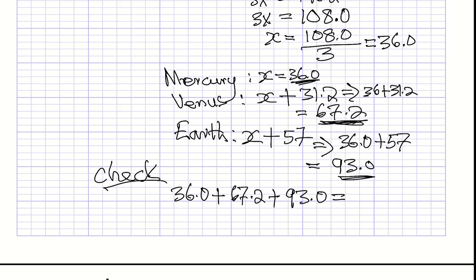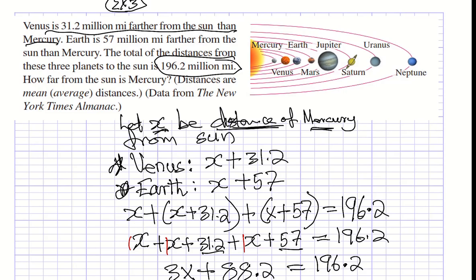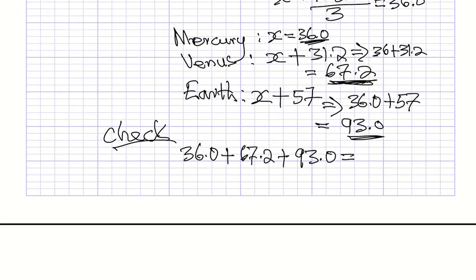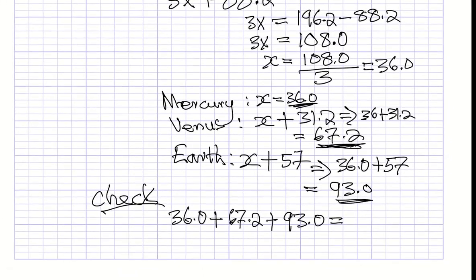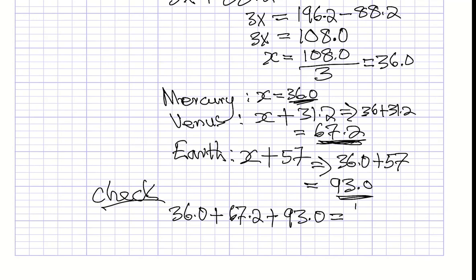Do they equal 196? Because we were given 196 from the beginning. That's what we need to figure out. So it's 36.0 plus 67.2 plus 93. Okay, yeah, that's it. 196.2. So we checked out. We're done with that problem.